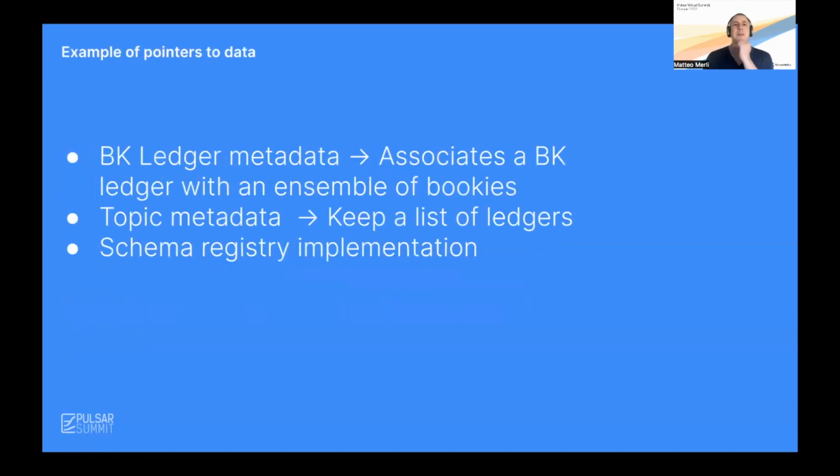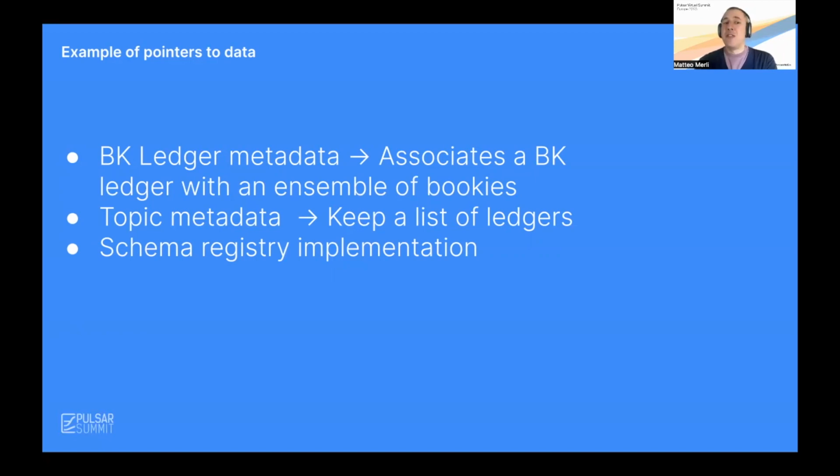To give some examples of these pointers to data, a real-world example from Pulsar's use case: Pulsar uses Apache BookKeeper, and BookKeeper has a concept of ledgers. A ledger is a log, and a ledger is associated with a number of bookies, or storage nodes.